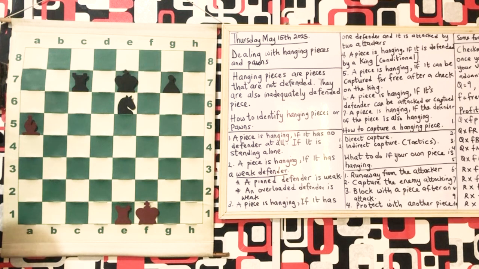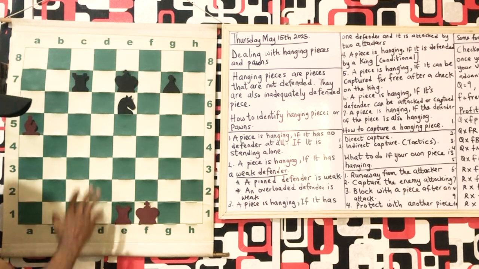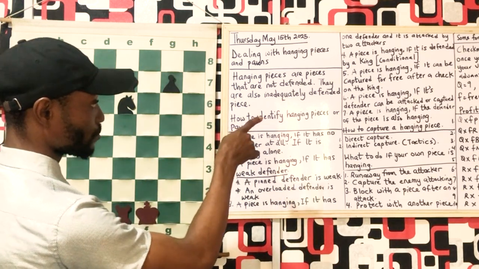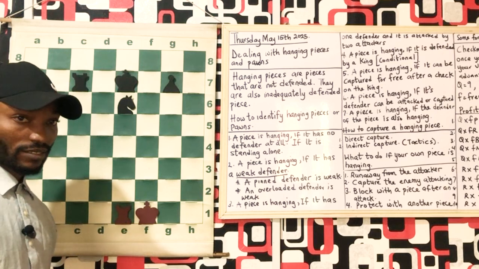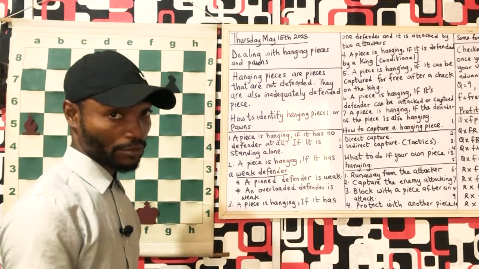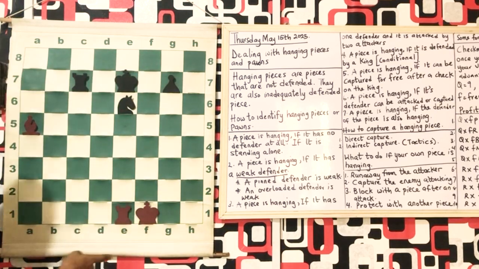It's possible. I'm going to push for more ideas when I'm explaining other parts. For now, if the defender of your piece is under attack or can be captured, then that piece is said to be a hanging piece.